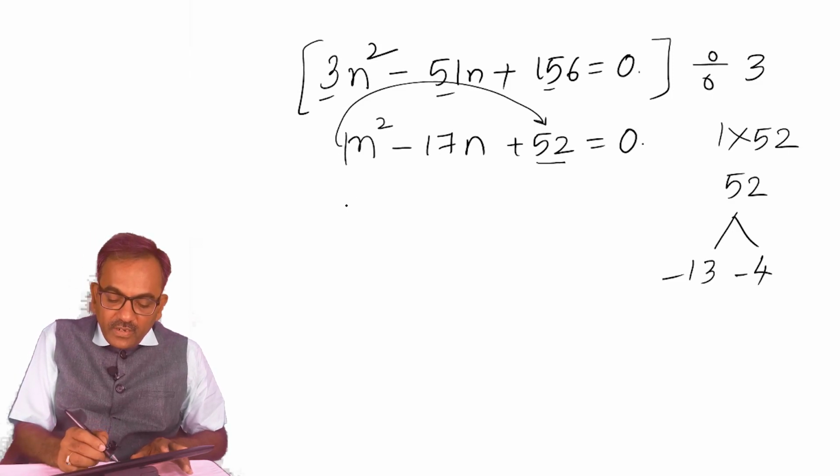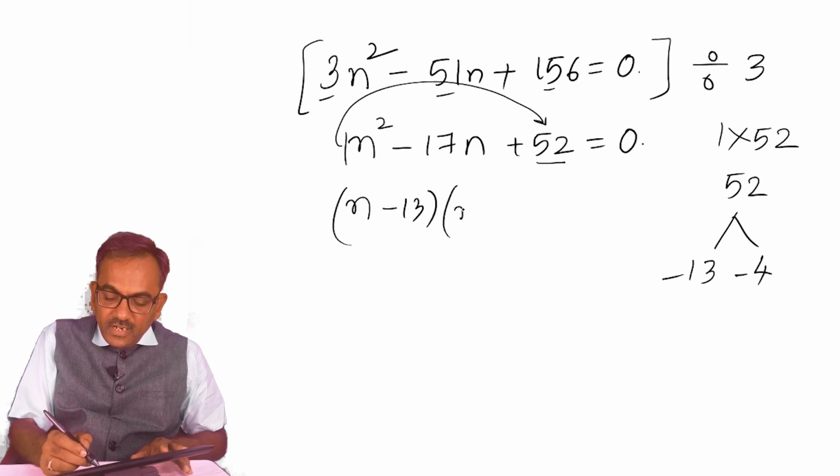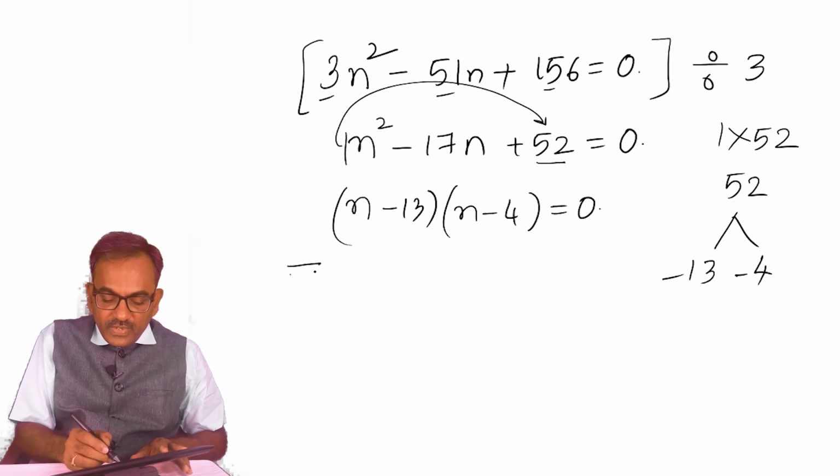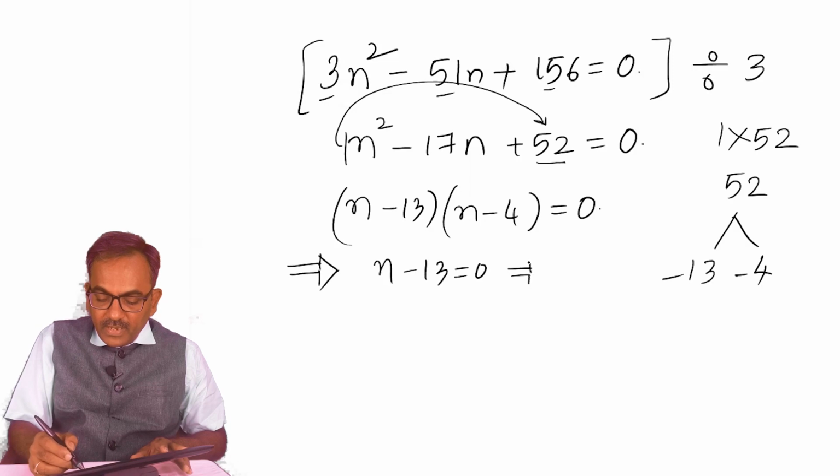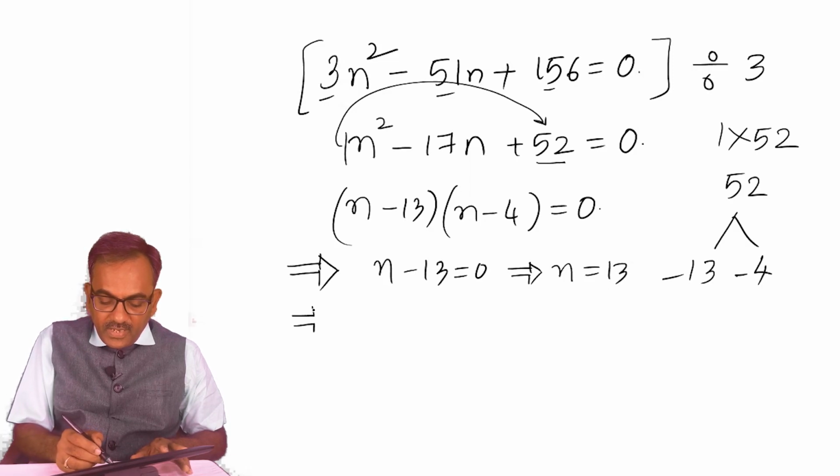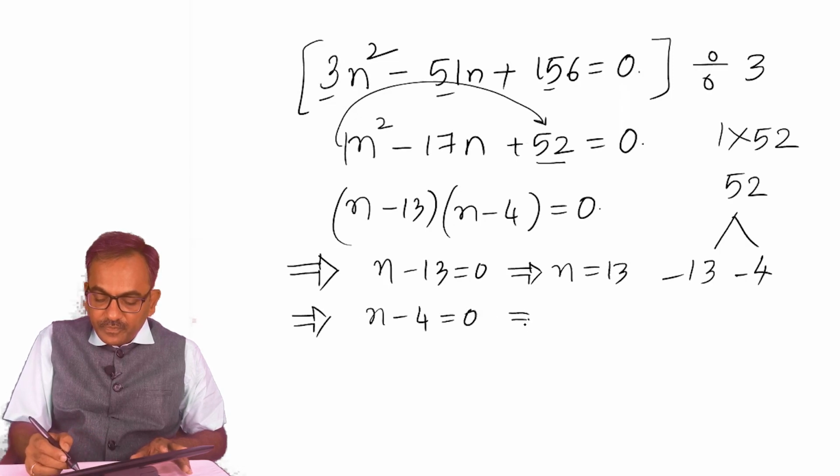When you solve it, you get n minus 13 into n minus 4 is equal to 0, which further implies n minus 13 is equal to 0, so n is equal to 13, and again n minus 4 is equal to 0, so n is equal to 4.